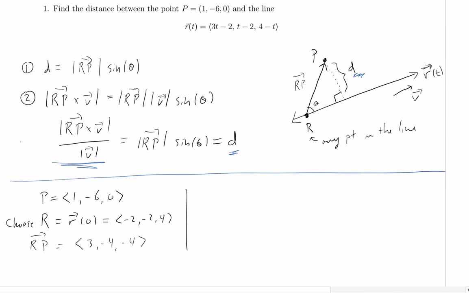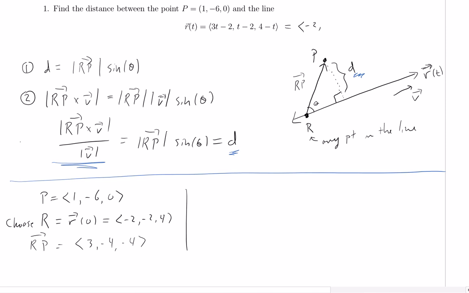Okay, what else do we need? We need the vector V. So let's go back up to the top and look at our equation for r of t, and let's rewrite it a little differently. Let's separate the constant terms and the terms that have t.